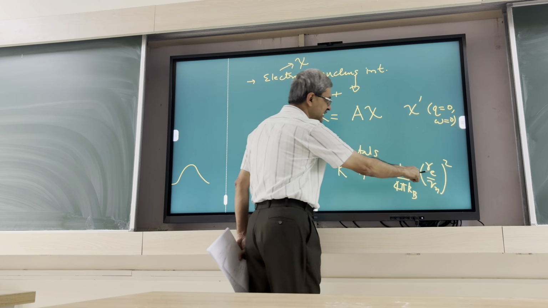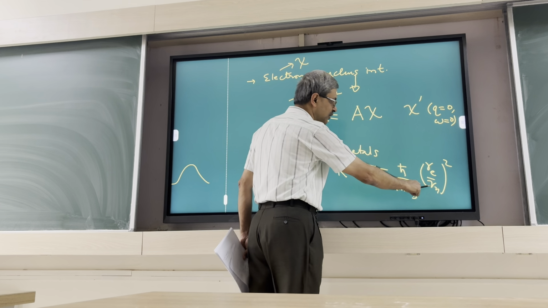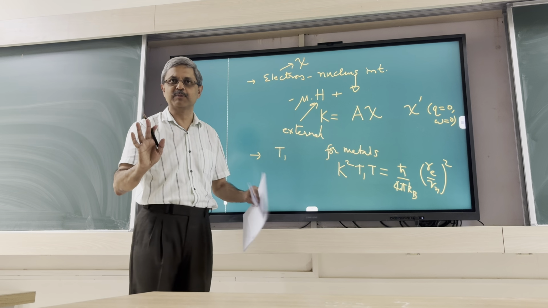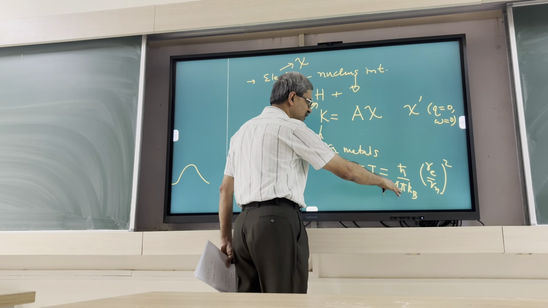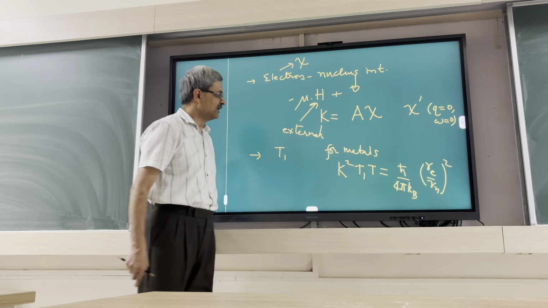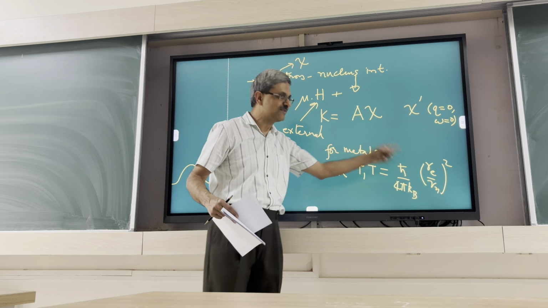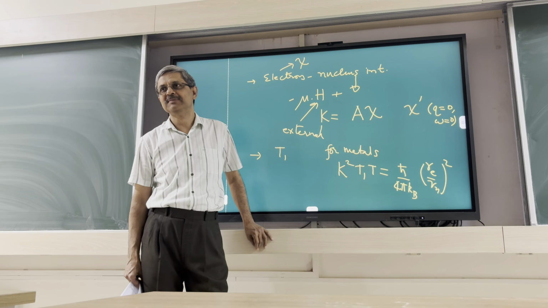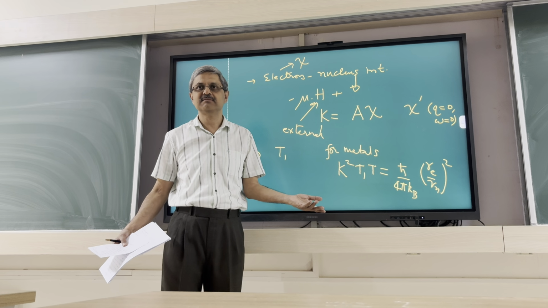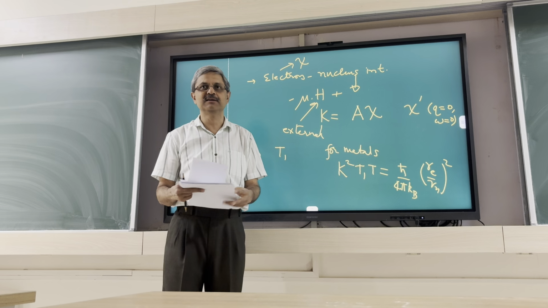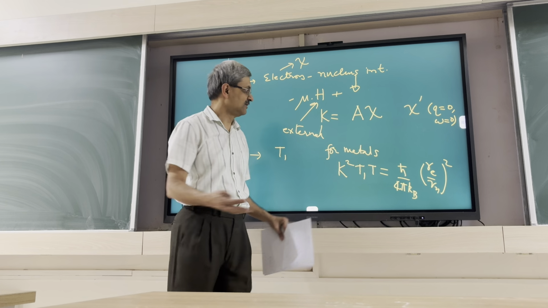So gamma E is the electron gyromagnetic ratio, gamma N is the nuclear gyromagnetic ratio of whatever nucleus you're looking at, again containing only fundamental constants, a universal thing, squared, with a prefactor h bar over 4 pi Boltzmann constant. So for a simple Fermi liquid, K squared T1T should have this value. It's like you can calculate the susceptibility for a free electron gas. If there's no enhancement for any reason, then you know the answer. Do you?